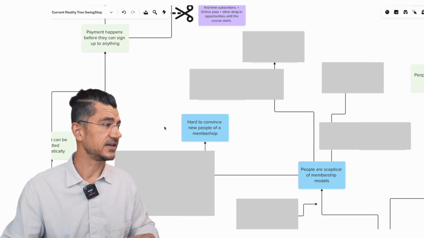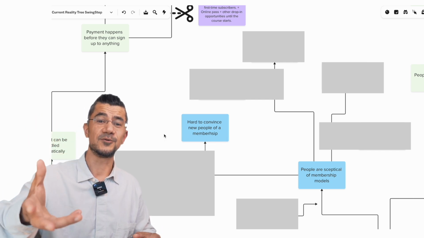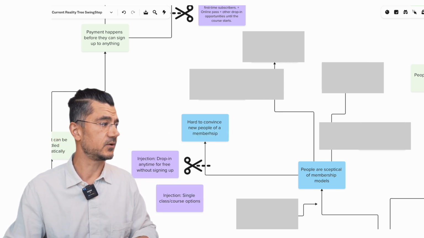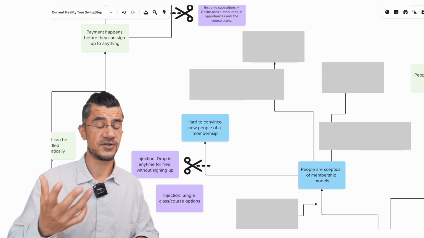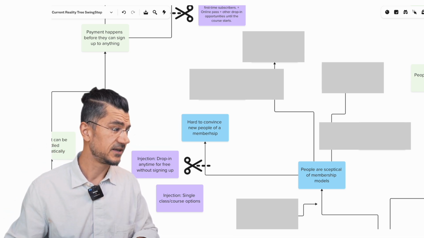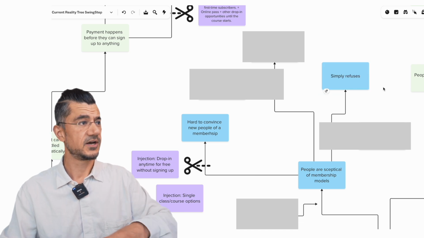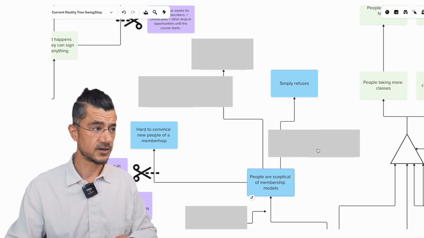One of them is it's hard to convince new people to join a membership if they don't know what they're getting. Well, that was an easier one. We just made the first drop-in class for free. You don't even need to sign up, just come. And of course, introducing single courses, because some people simply refuse membership concepts.